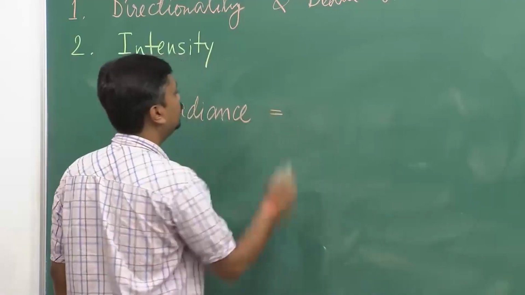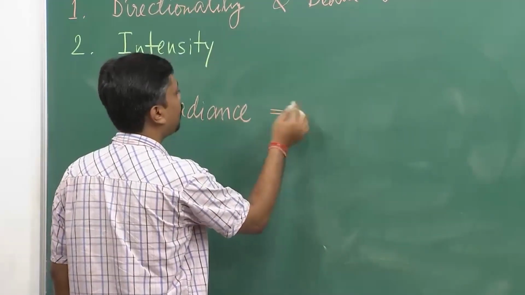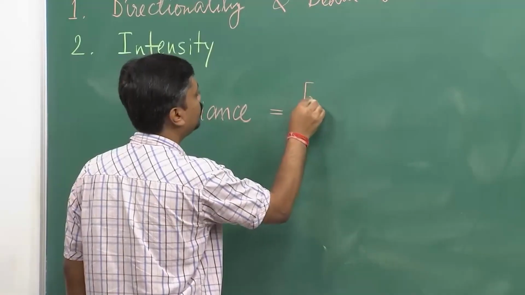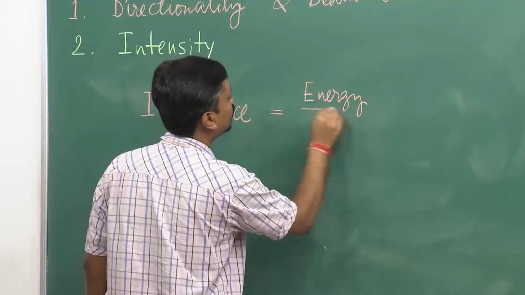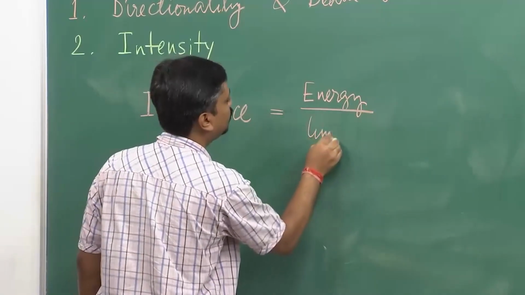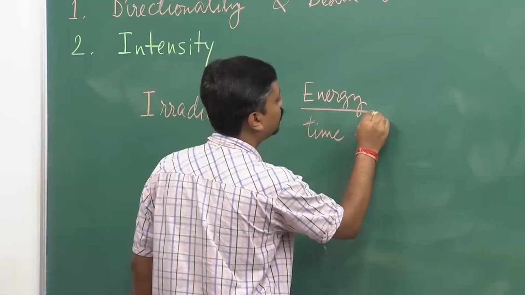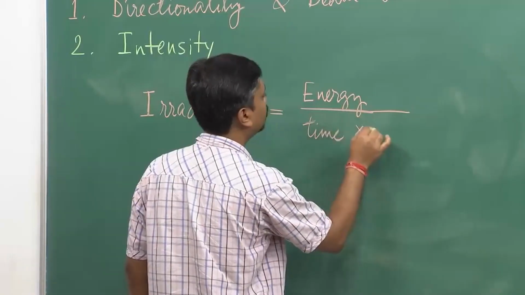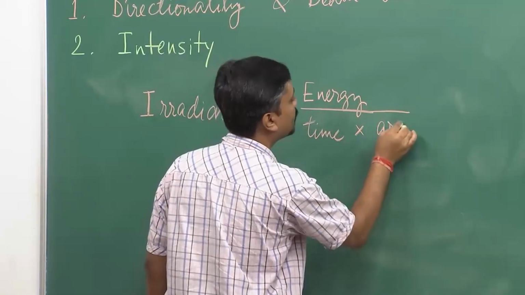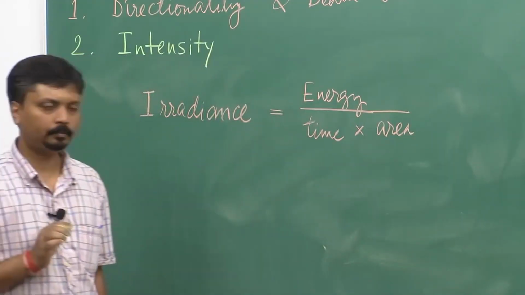Irradiance is given by energy by time by area. So energy per time per area.